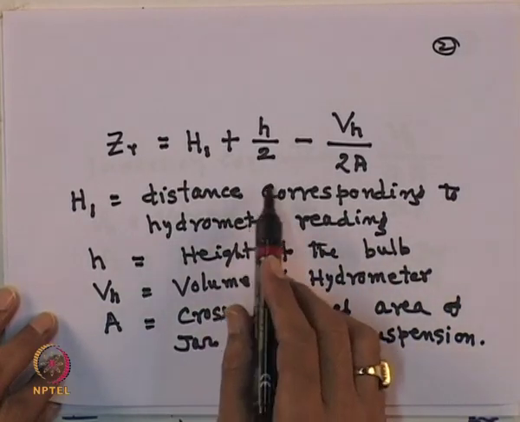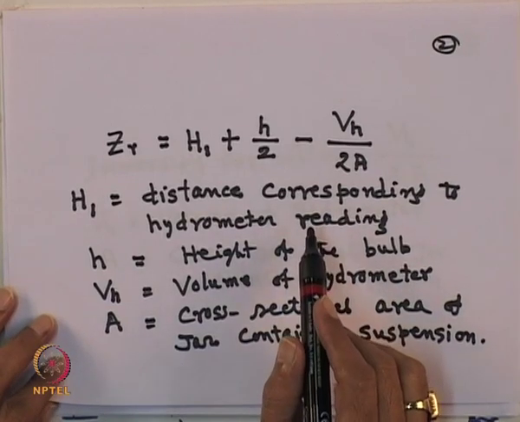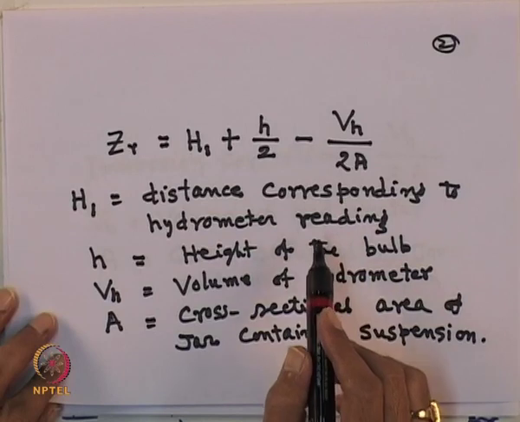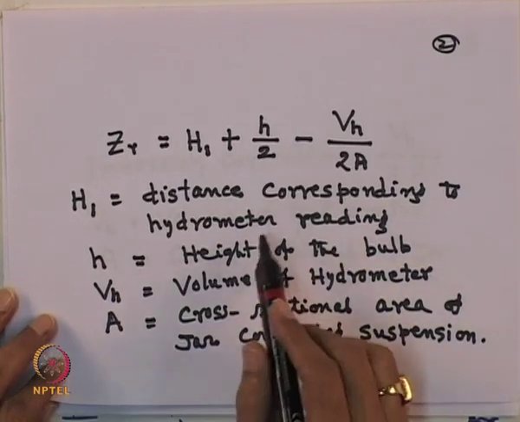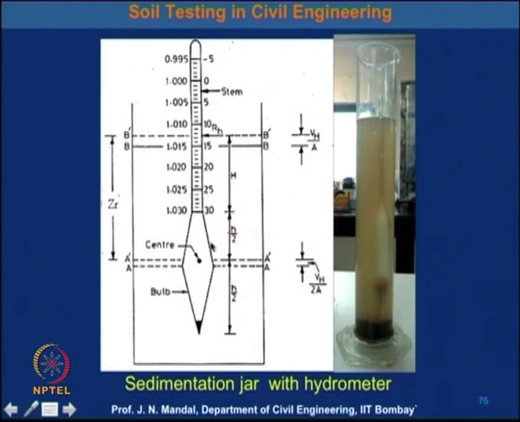Since this depth must be used in the computation of particle diameter, it is desirable to have a calibration chart. So, you need a calibration chart for this. This is the sedimentation jar with the hydrometer.